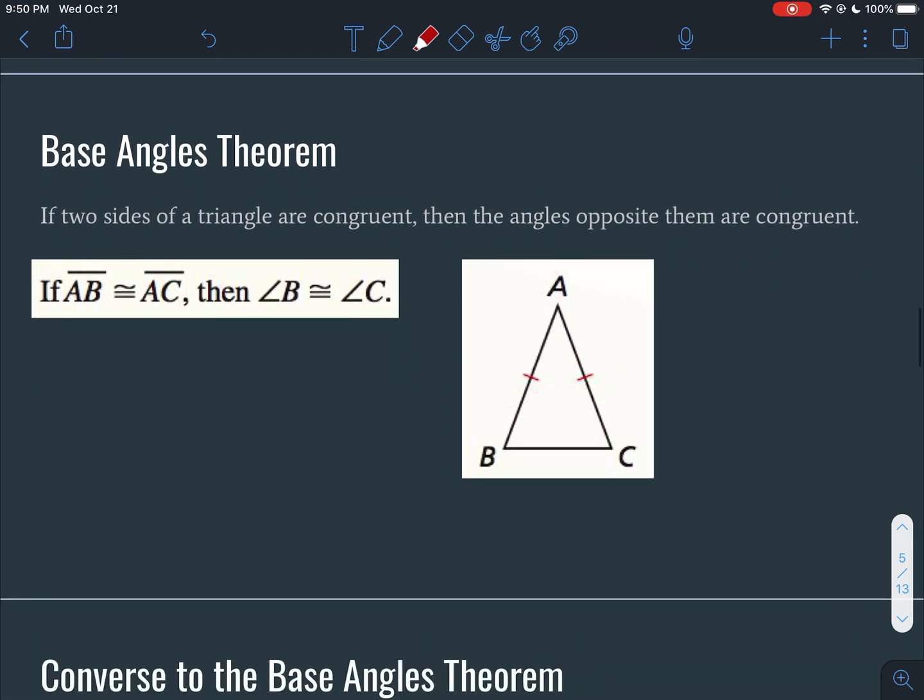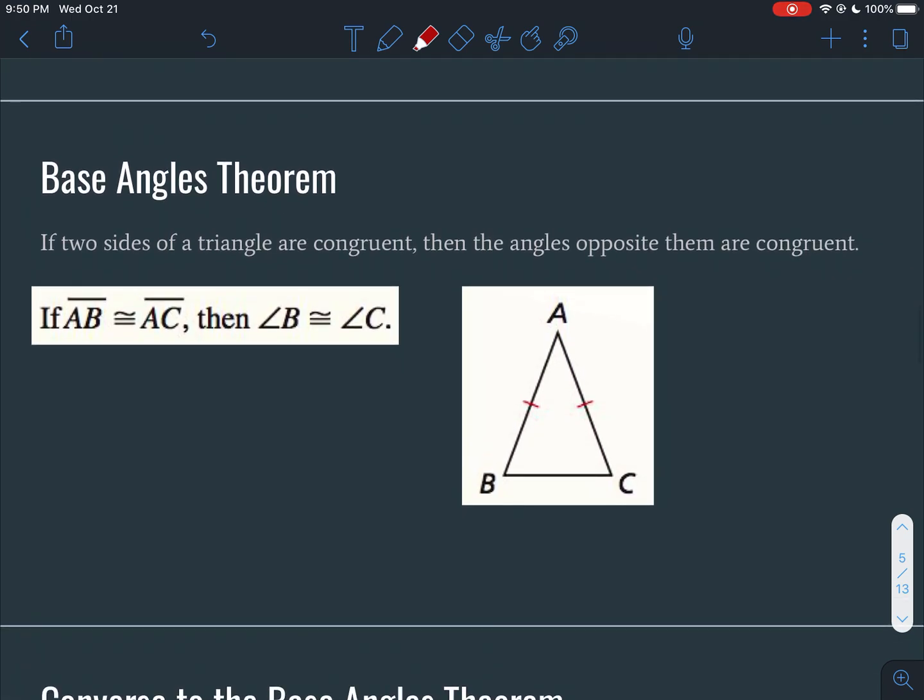Right? The base angles theorem, and we're going to look at a lot of variations on the same theorem. I'm not necessarily worried that you remember the names of the different theorems, but just that you know what the different properties are. So it says if two sides of a triangle are congruent, then the angles opposite them are congruent.